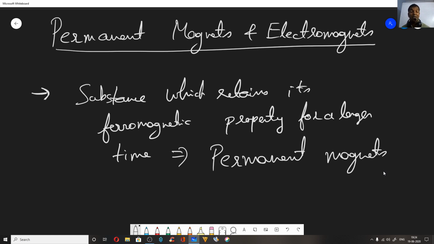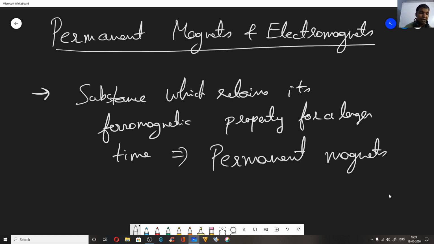All the dipoles start pointing in the direction of the external field. Once you reduce the current to 0, there is still some magnetization. The iron nail, for example, will still have some magnetic property left in it. We will exploit that property to manufacture permanent magnets.